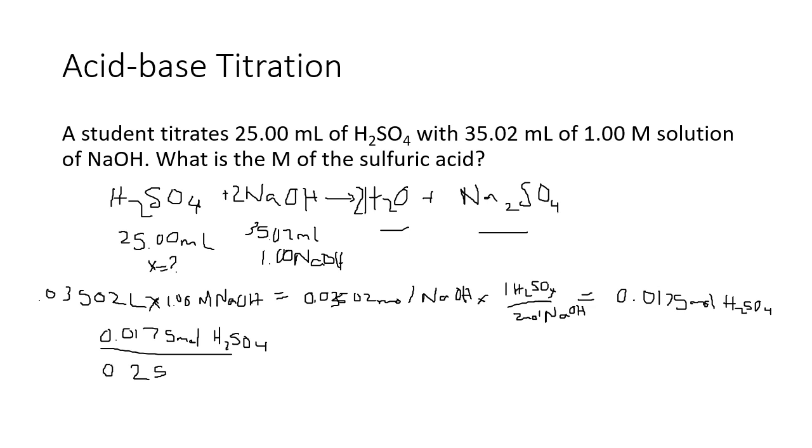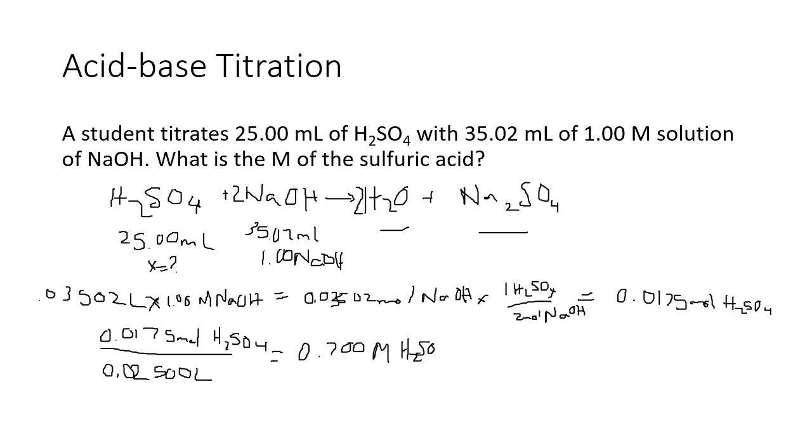Oh, but wait, we have to put it into liters because molarity is in liters. And when we do that, and we put it in our calculators, we get 0.700 molar H2SO4.